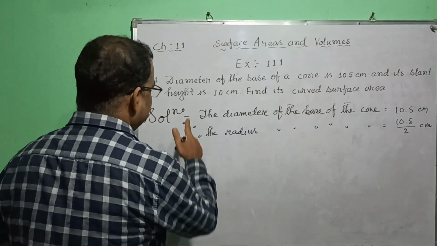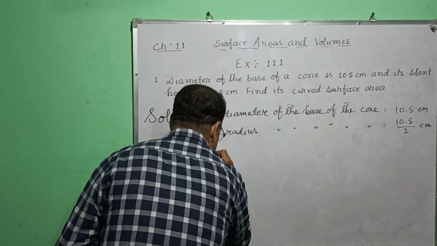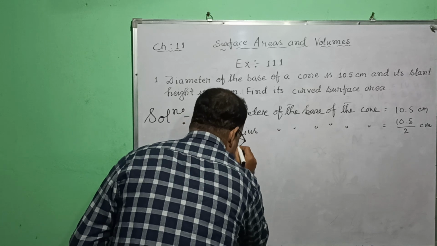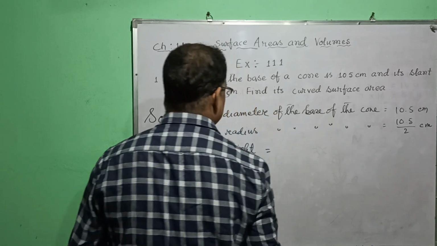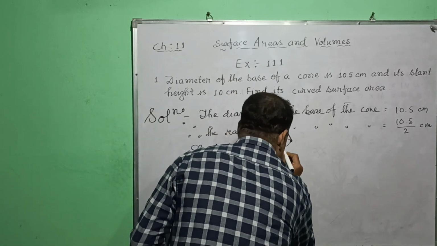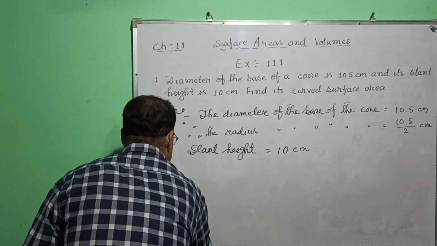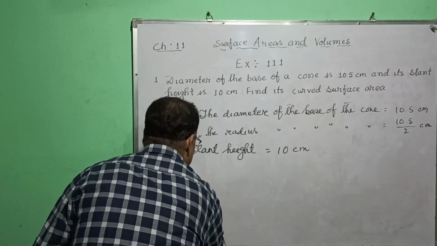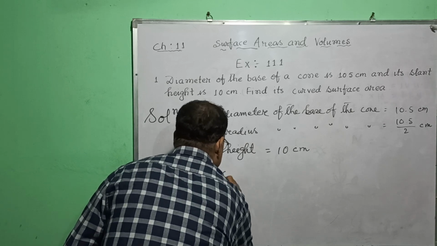Now slant height is also given, so we'll write slant height equal to 10 centimeter. Now we'll write therefore the curved surface area. So in short we can write CSA.